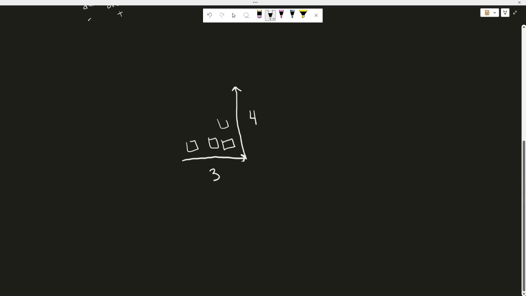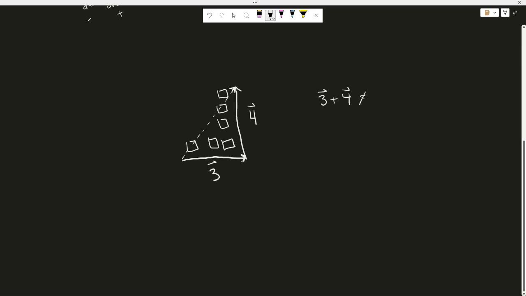Well, I can figure that out by finding what's called the resultant vector, which is just the two vectors added together. So we'll call this 3 vector and 4 vector. So 3 vector plus 4 vector actually creates a triangle.